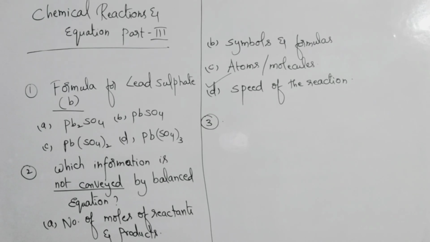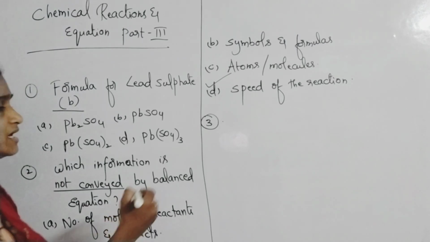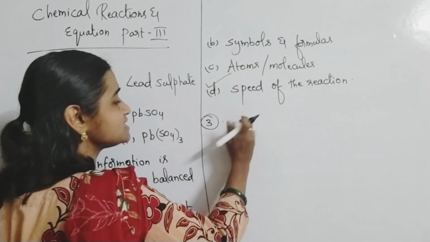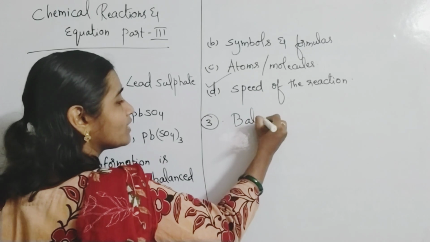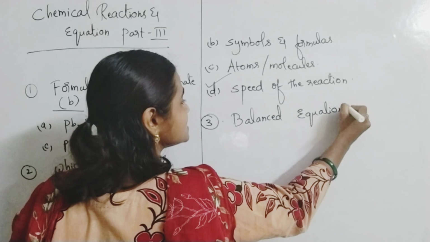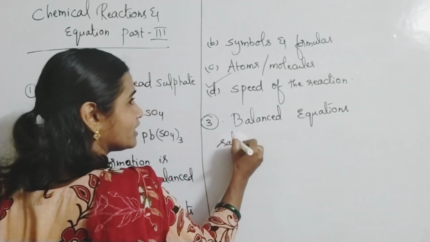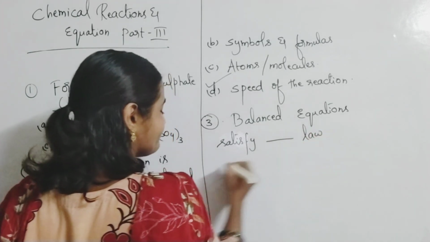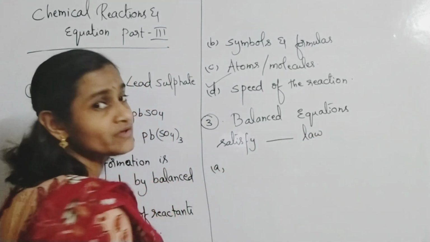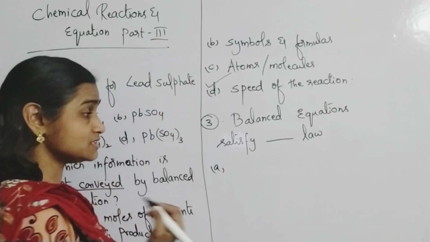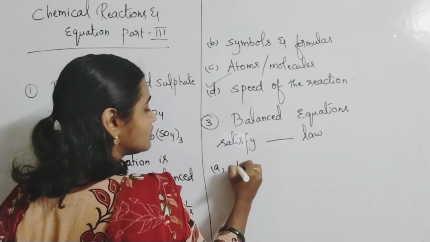Now let us go to the third question. The chemical equations are balanced to satisfy which of the following laws of chemical combination? Balanced equations satisfy which law? The options are the laws of chemical combination; there are 4 laws.